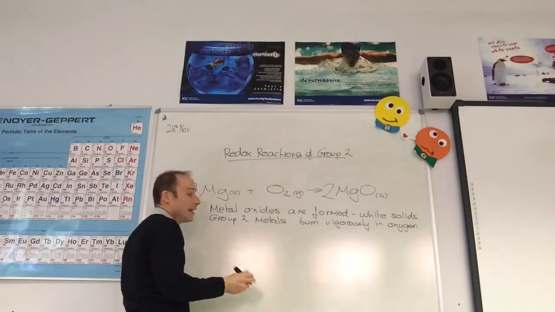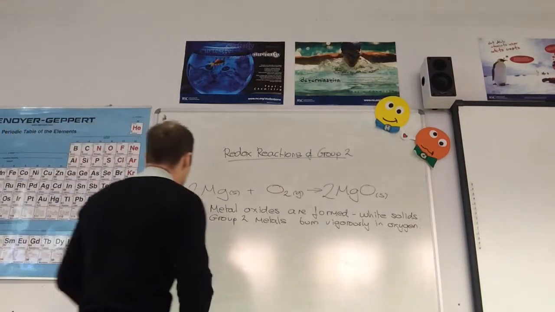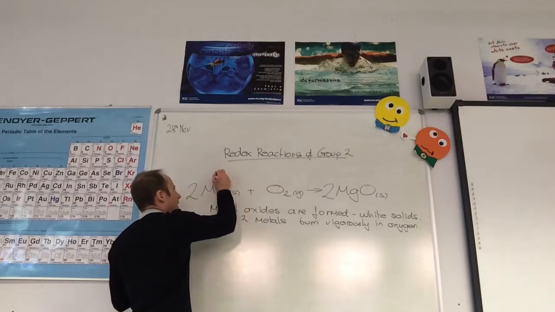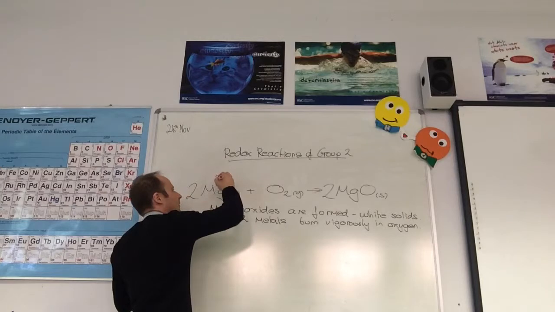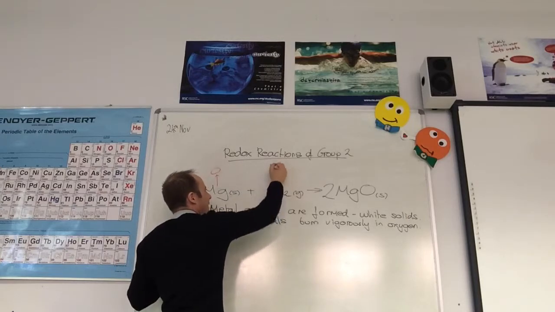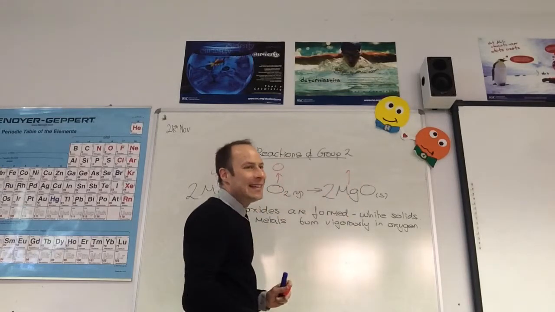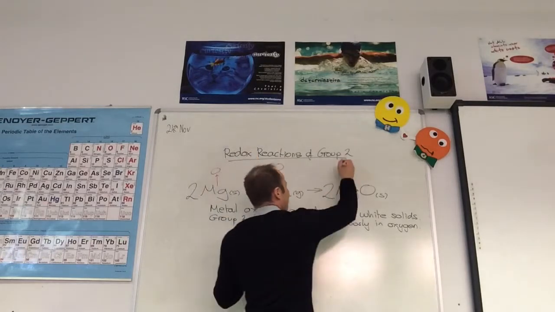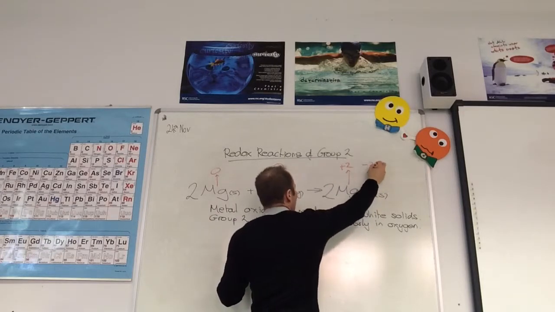Okay, so let's do redox, because we said it's a redox reaction, so let's just prove it. Oxidation state of magnesium, as an element, is 0. Oxygen is an element, it's 0. Magnesium in magnesium oxide is +2 and oxygen is 2-.